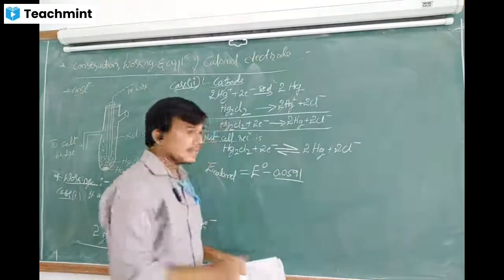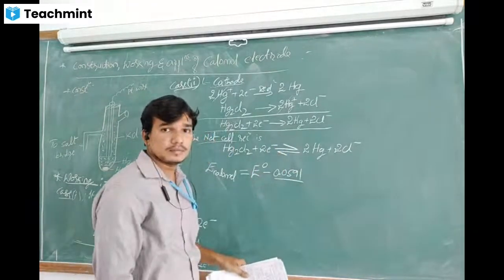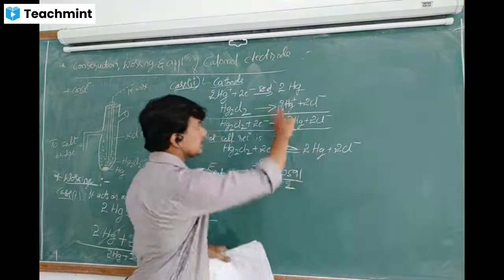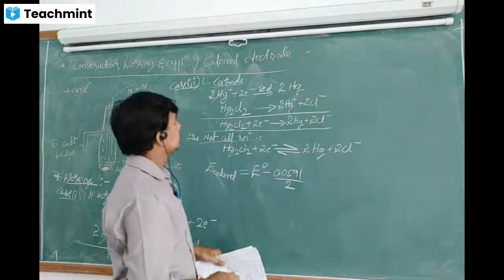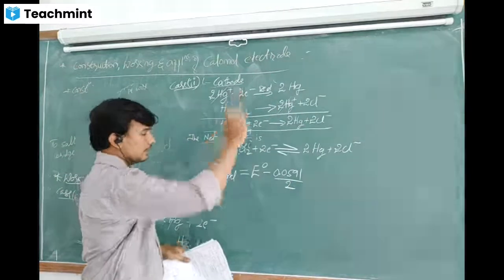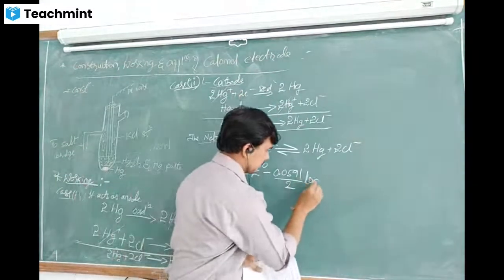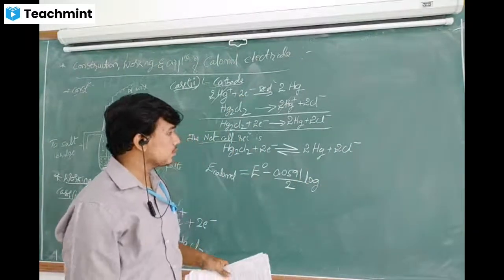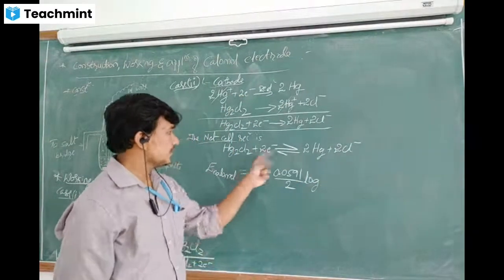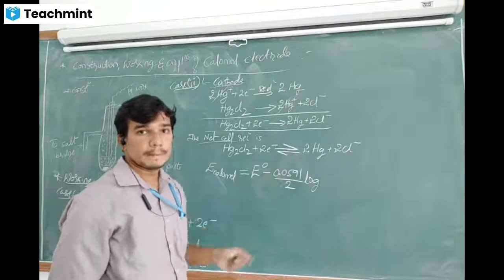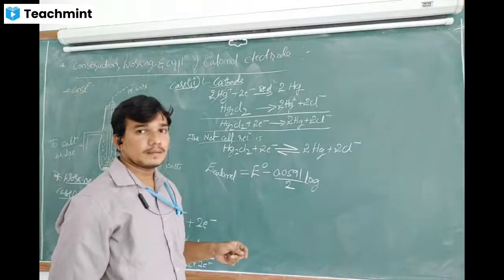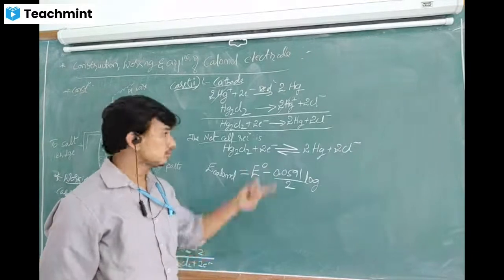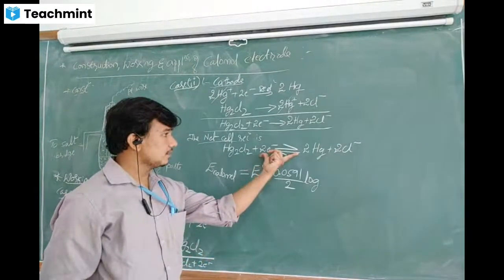0.0591 by n, here how much is n? 2 electrons. Product divided by reactant. Here which one is product, which one is reactant? You consider this.